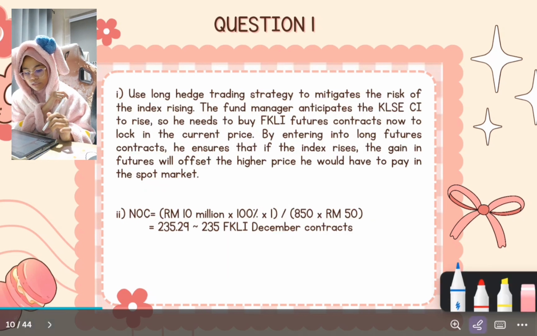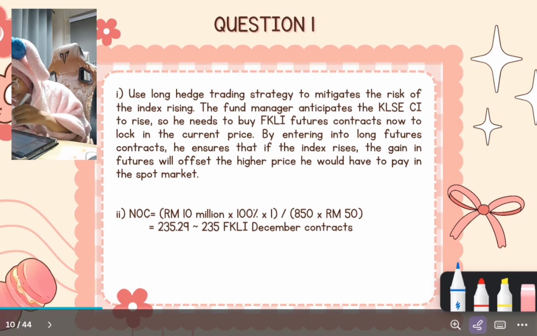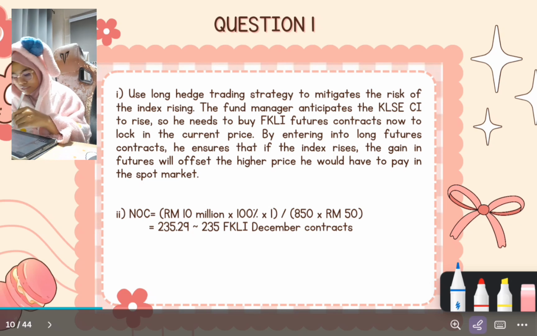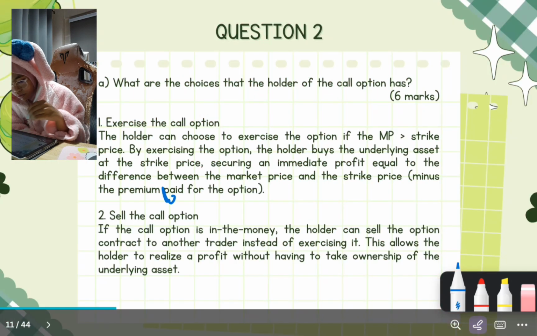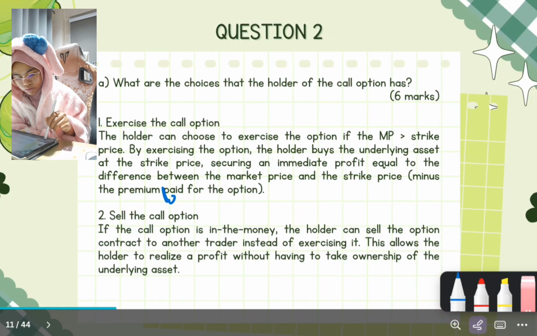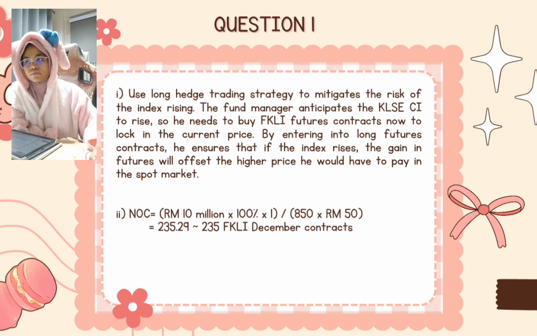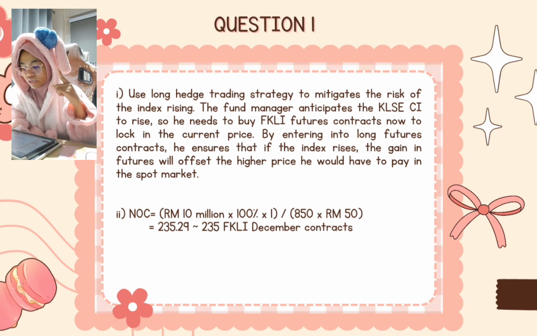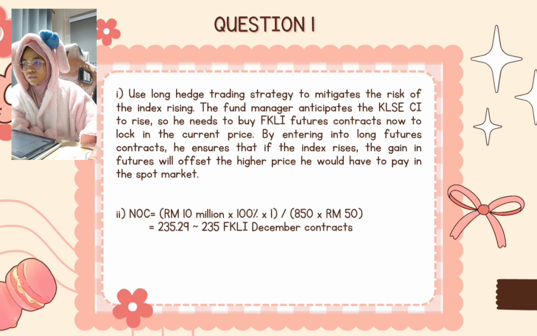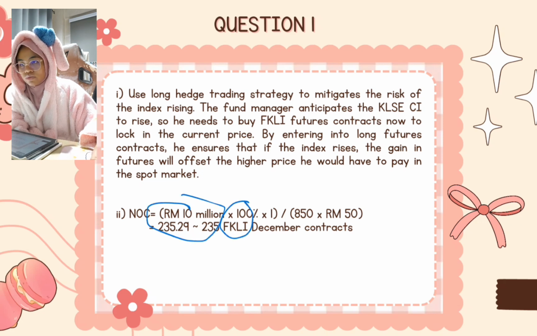So the formula for the number of contracts for FKLI is, this one is total exposure, this one is percentage of hedge, and this one is the beta.